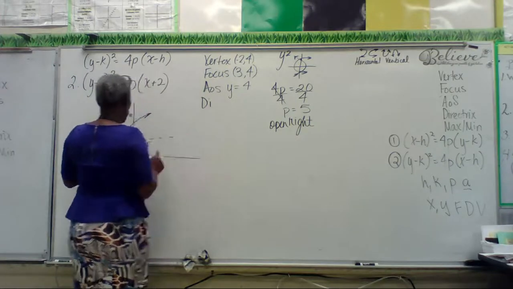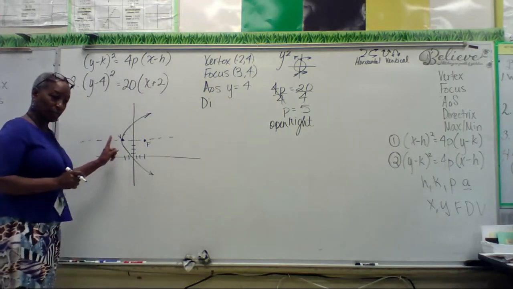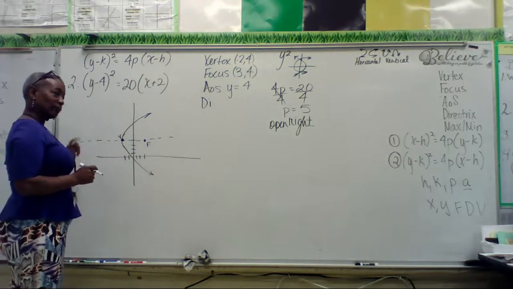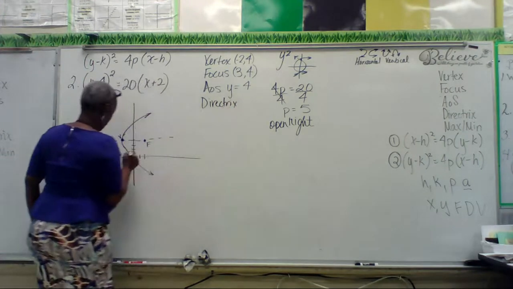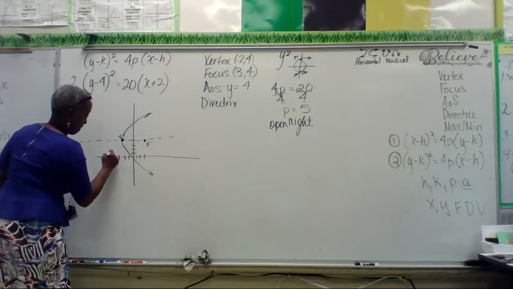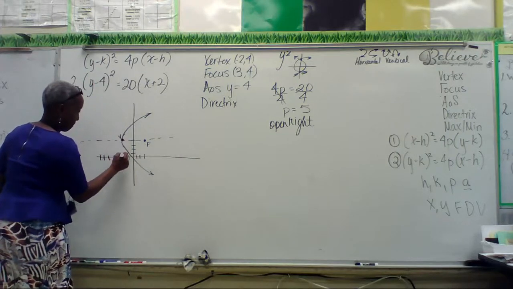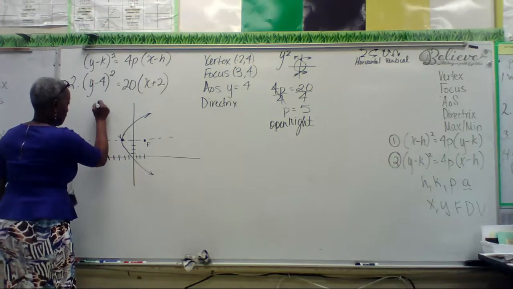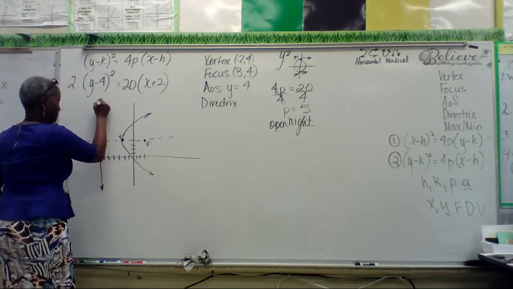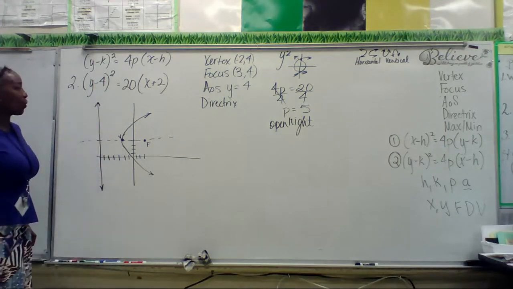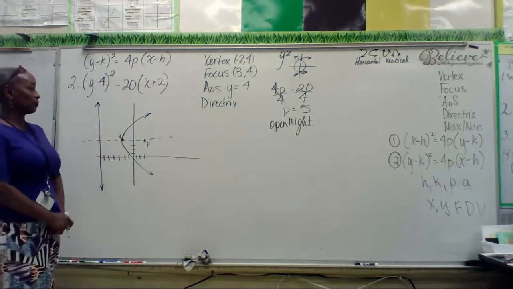We got to start. Everybody say start at the vertex. Go back 5. Okay, you all do that on your paper. So what is the equation for my directrix?